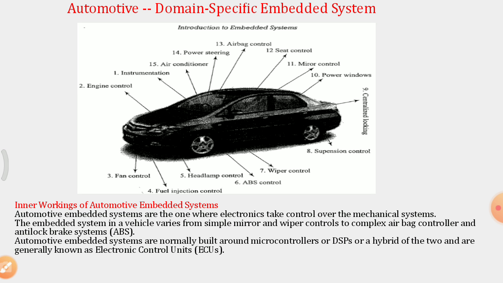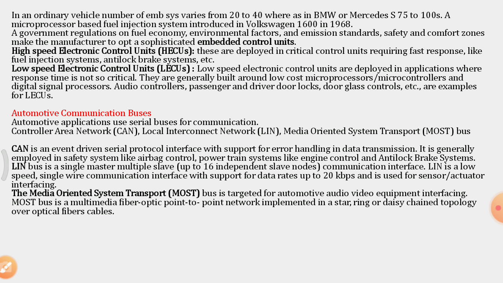In an ordinary vehicle, basically a simple car, we can see it varies from 20 to 40 embedded systems at most.